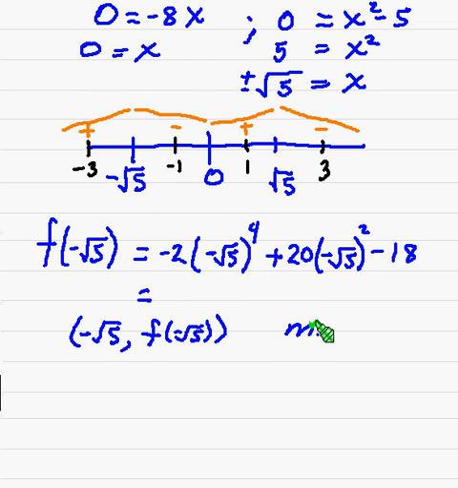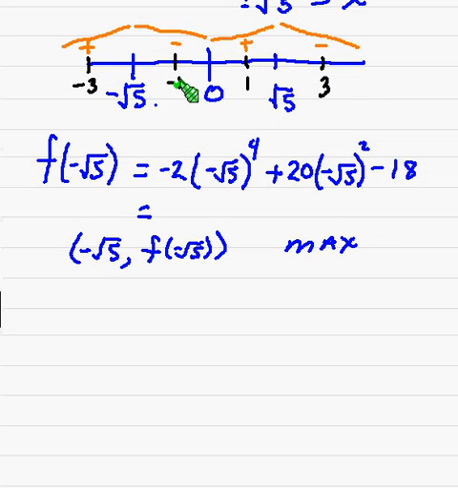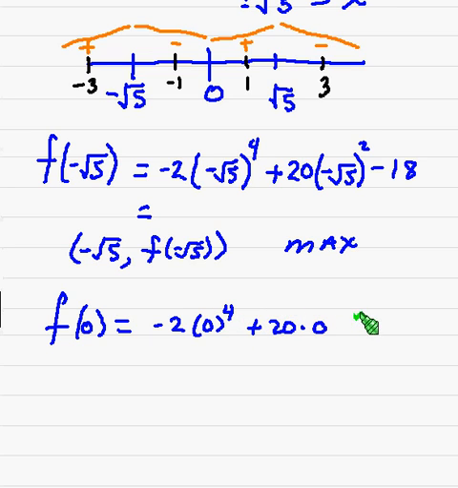And then we plug 0 into the function. So f of 0 is negative 2 times 0 to the 4th plus 20 times 0 squared minus 18. That just becomes negative 18. And so this becomes 0, negative 18. As you can see, this is going to be a minimum. Then we have one more, the square root of 5.